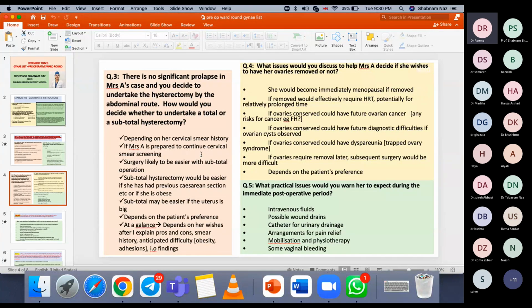If there is a past surgery, due to the adhesions it will be difficult for me to do the complete hysterectomy, so I can leave it. In case there is no previous history of any abnormality in cervical smear, or any family history of cancer.